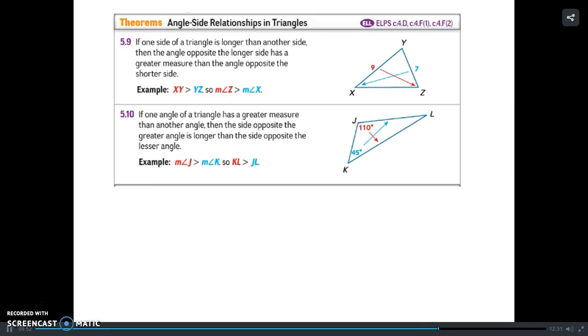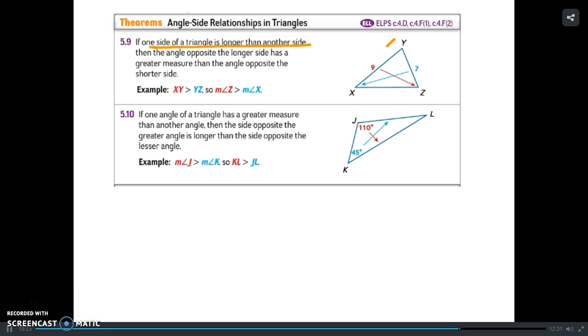And then finally, we have two relationships that come from this. The first one says that if one side of a triangle is longer than another side, then the angle opposite the longer side has a greater measure than the angle opposite the shorter side. All we're doing is taking the information we just learned, and instead of putting these in order, we're just writing an inequality.